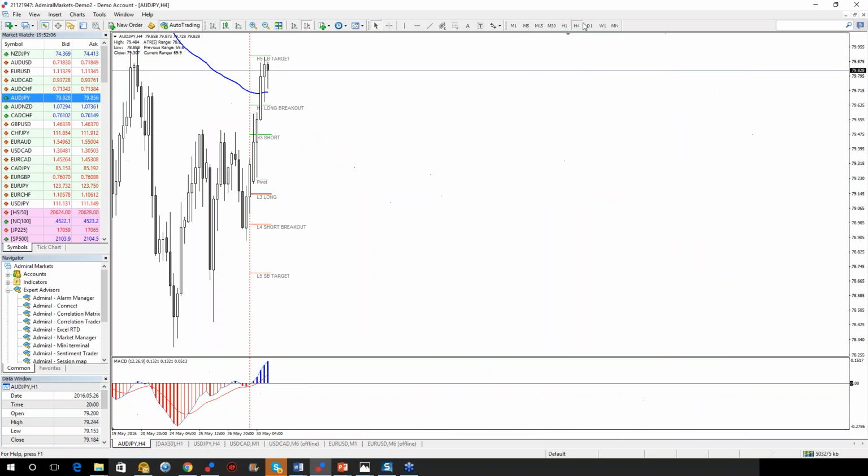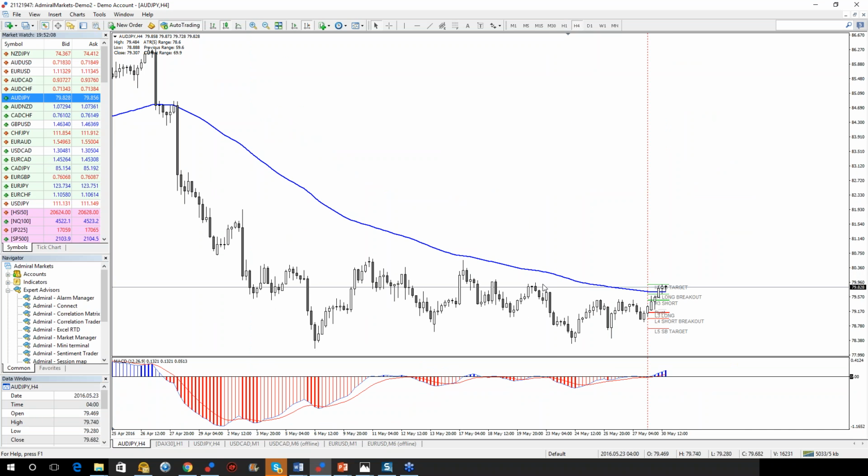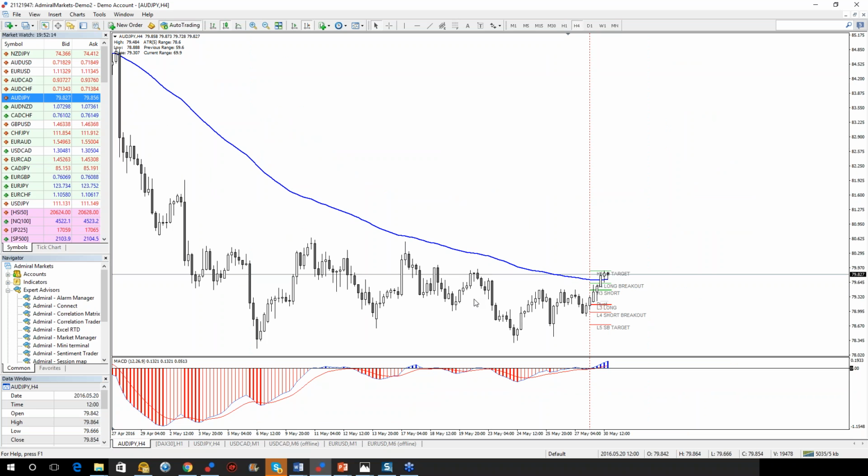AUD is now looking bullish. As I said, yen pairs are pretty much buy on dips, except for dollar yen that is, I don't know, a bit close to resistance. Inverted head and shoulders here, left shoulder, head, right shoulder. This should proceed up. AUD looks like it should go up indeed. And buying the dip also on AUD.